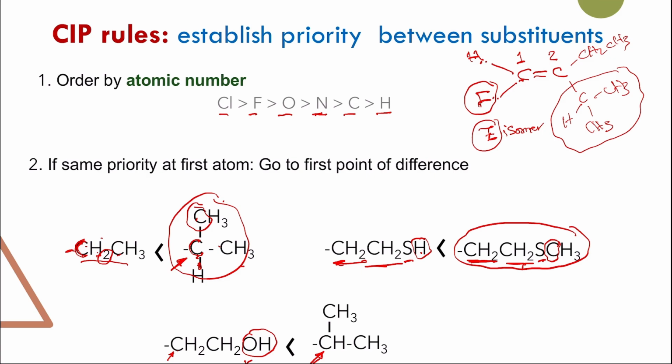Then this carbon is attached to two hydrogens and one carbon, but this one has one hydrogen and two carbons. So this is the first point of difference, this carbon atom with this hydrogen atom. This group is going to take priority over the other one because we already established the priority before we reach the oxygen. So this one takes priority over that one.